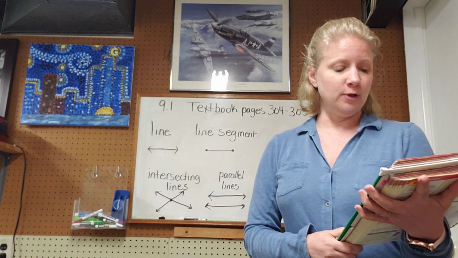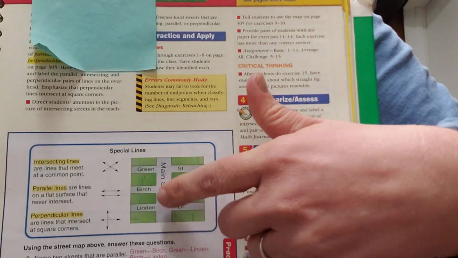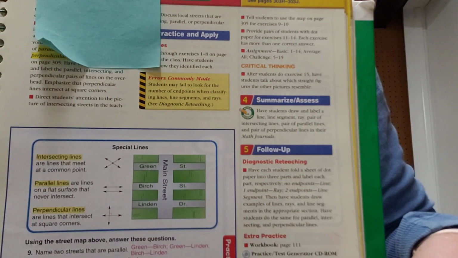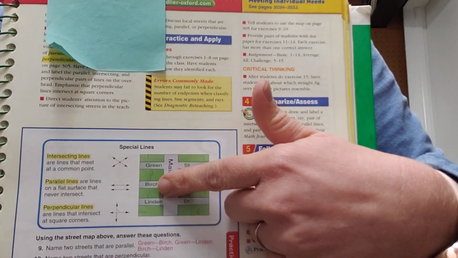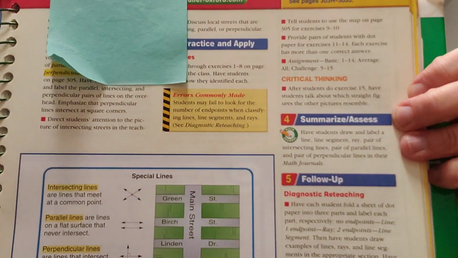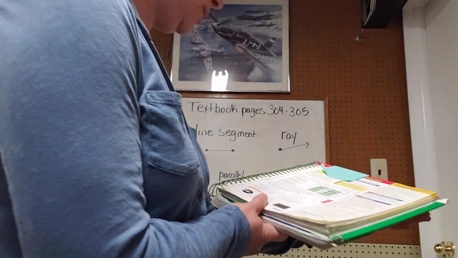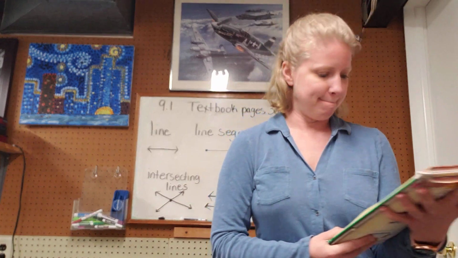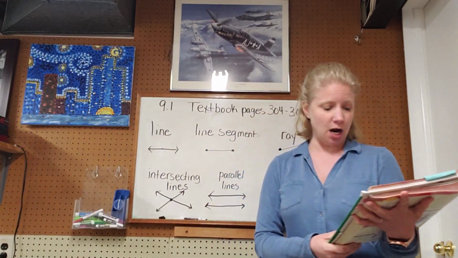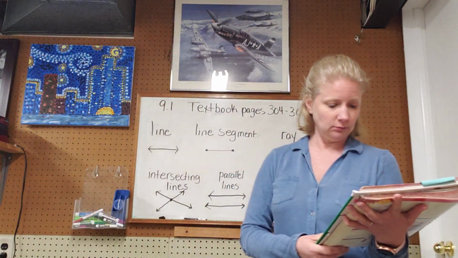Well, you could have Green and Birch. Green and Birch are parallel. Birch and, what did that one say? Linden are parallel. You could look at that one. Green and Linden are parallel.